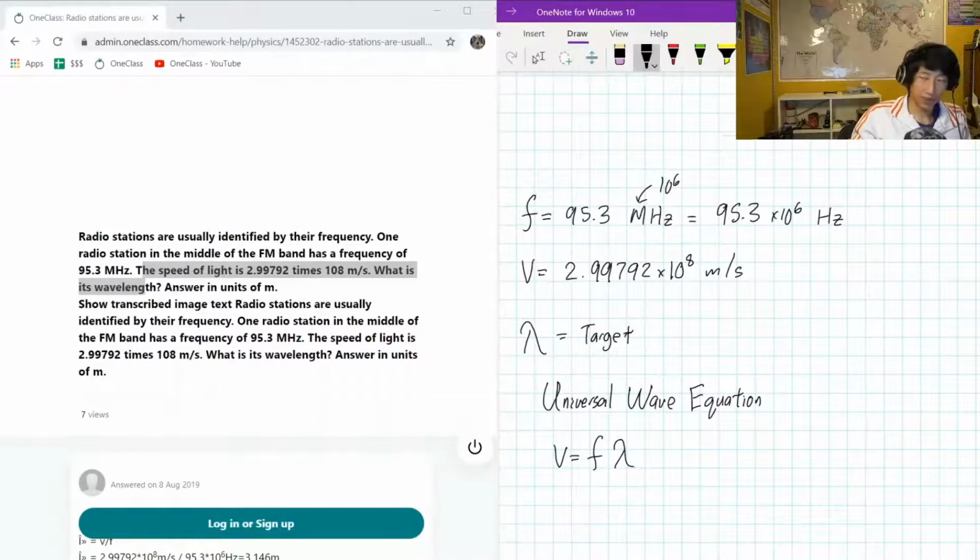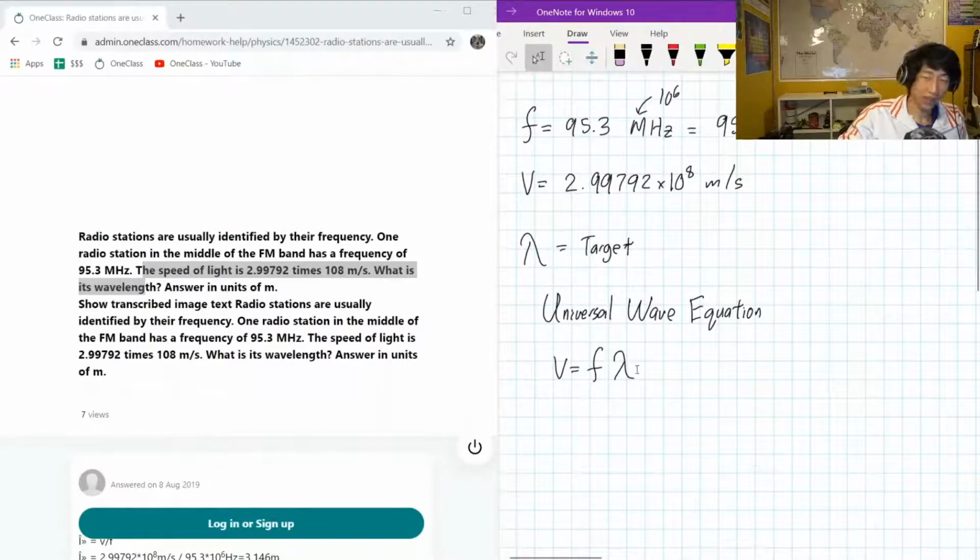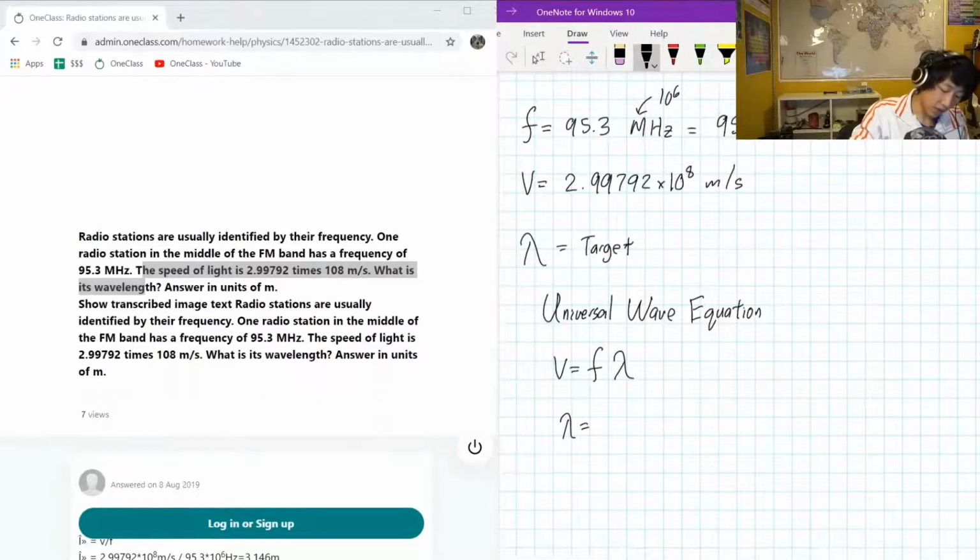Yeah, it's fairly straightforward for this question. So we just have to isolate lambda, which represents our wavelength, and that's just going to be lambda is equal to our velocity divided by our frequency. So let's do that math real fast. Let's sub in our numbers.